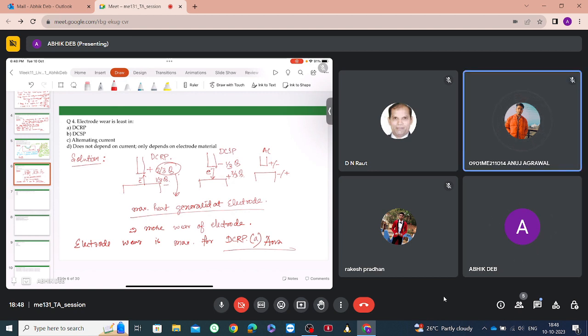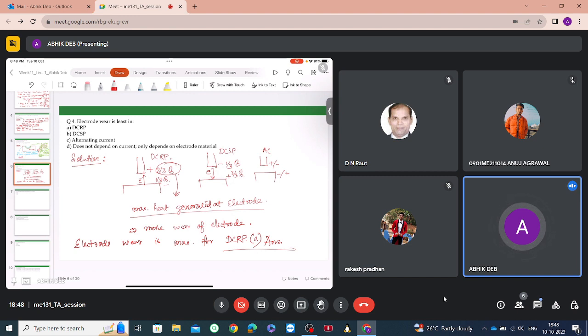No, sir. See, how the heat is generated depends on the electrons. See, if the electrons are moving from the electrode to the workpiece, then when the electron strikes, the electron will have a particular kinetic energy under this potential field.